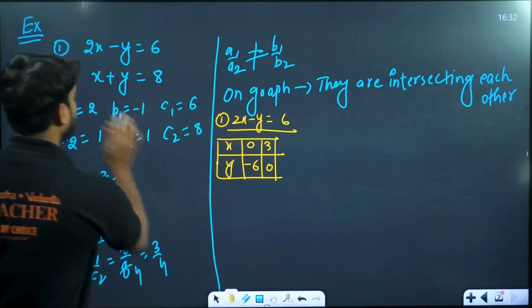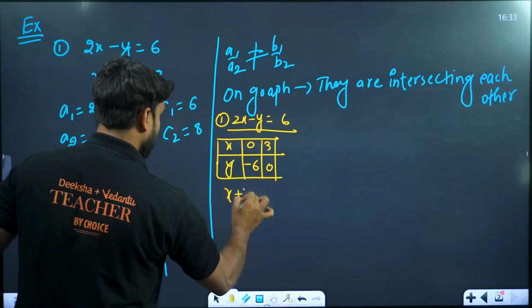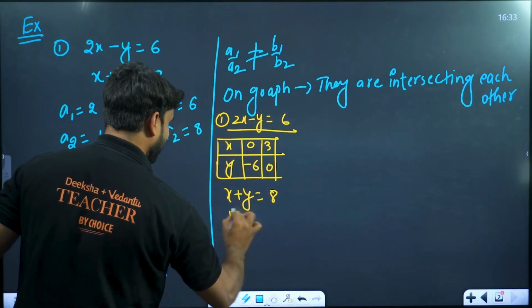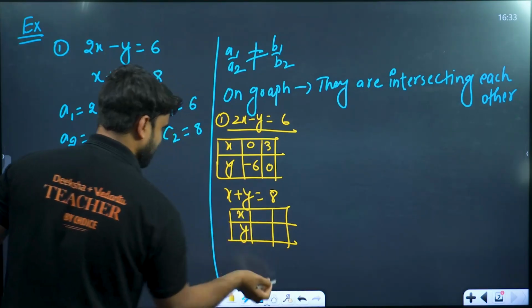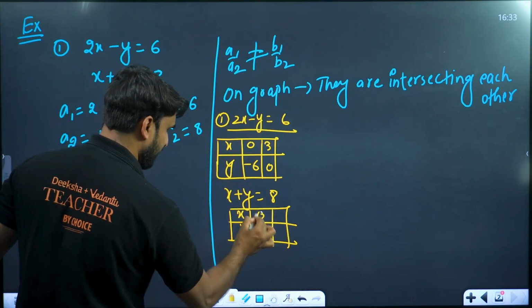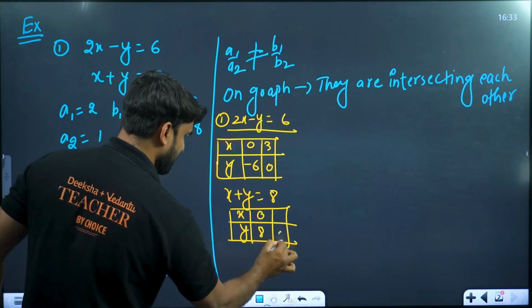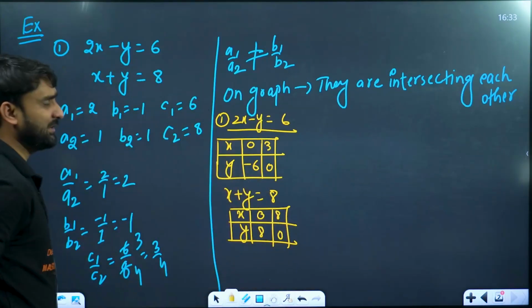Similarly, find out the solution for the second equation, x plus y is equal to 8. Let's assume x is equal to 0, so y will be 8, and if y is 0, so x will be 8. So we have the solution. Now draw the graph.